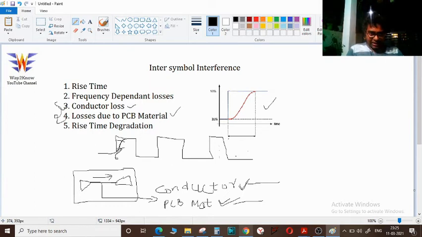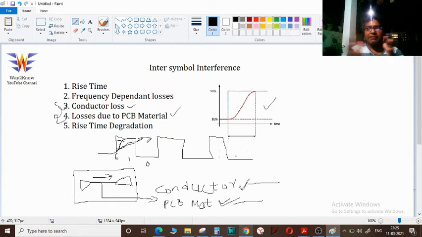Then the signal, instead of rising at this point, goes till this point. This is 1, this is 0, if we see it as a simple digital signal. You can see the signal has risen and has taken so much time to go to 1 that it has overlapped into the 0 zone.